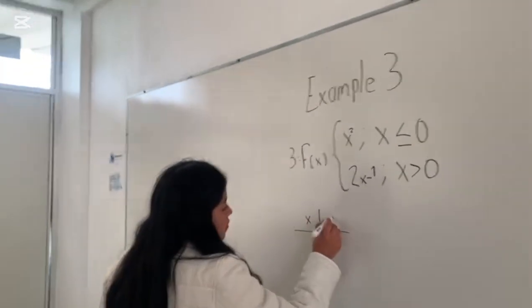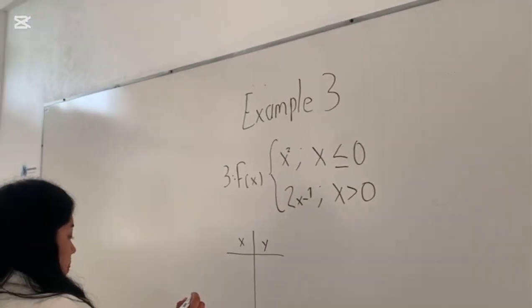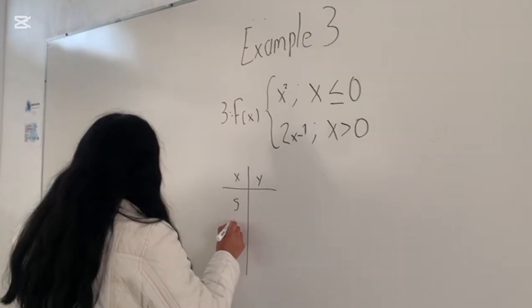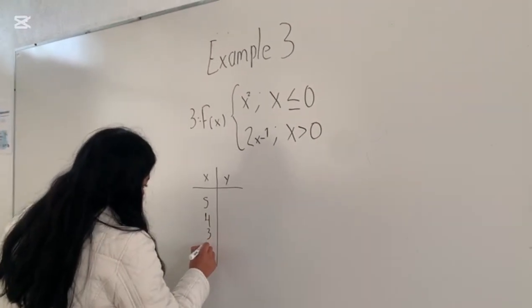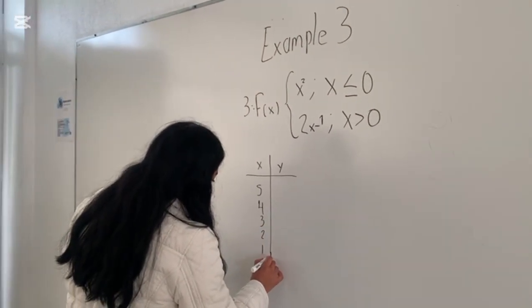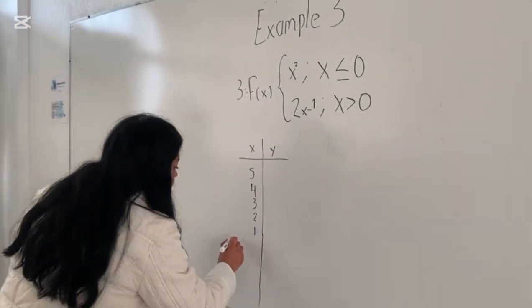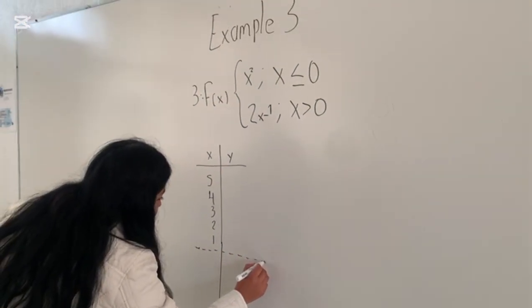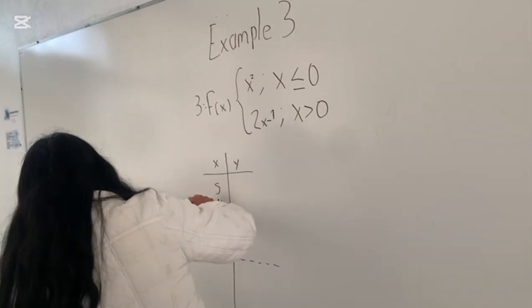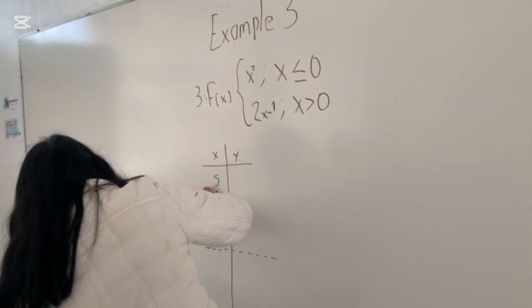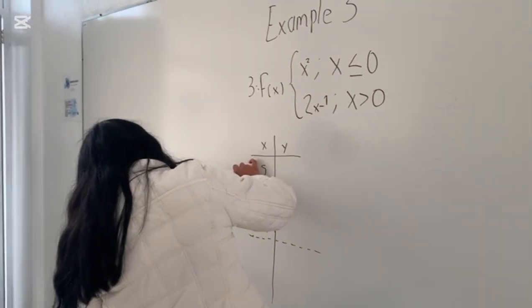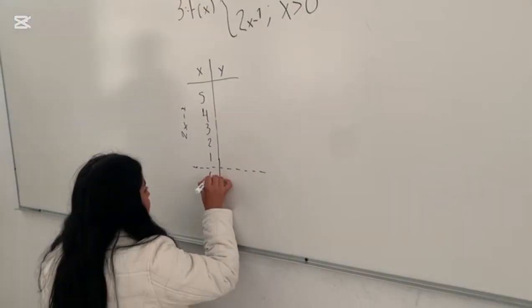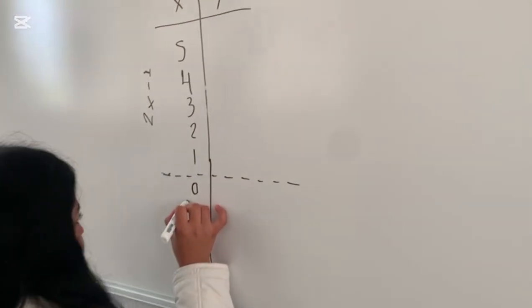Example 3. f(x) is a piecewise function. When x is less than or equal to 0, the function x cubed is used. When x is greater than 0, the function 2x - 1 is used.